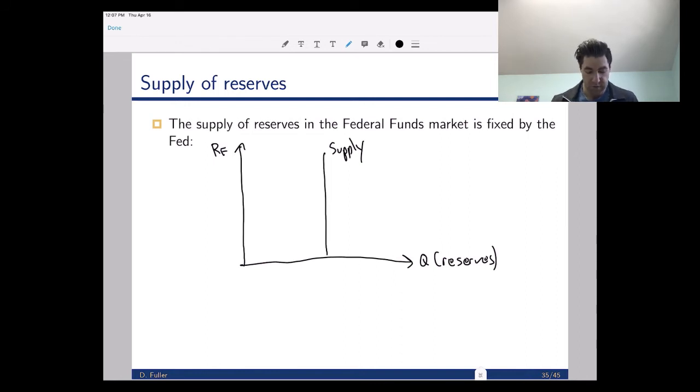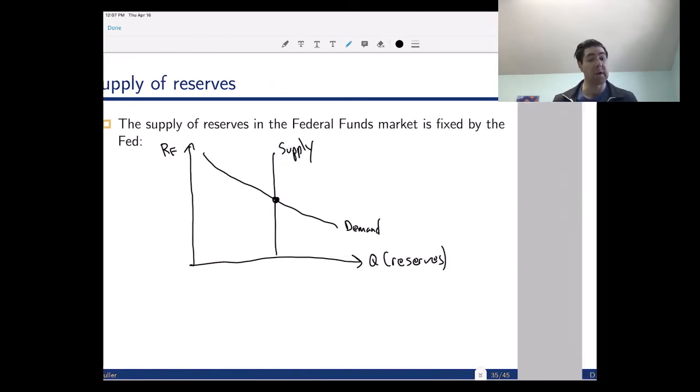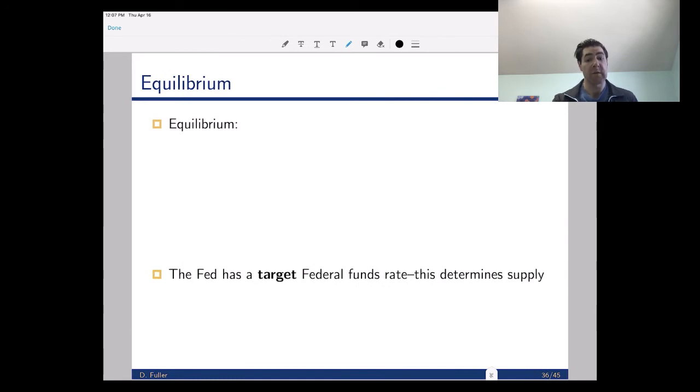So when we ultimately put demand in here, we'll see we have some equilibrium, which is ultimately going to determine the real interest rate, sorry, the federal funds rate. And so that is where equilibrium shows up here.